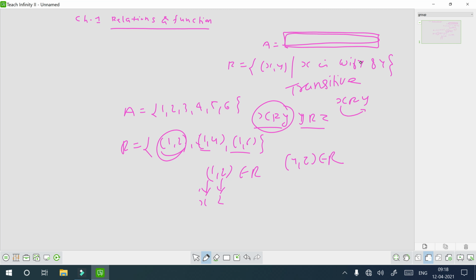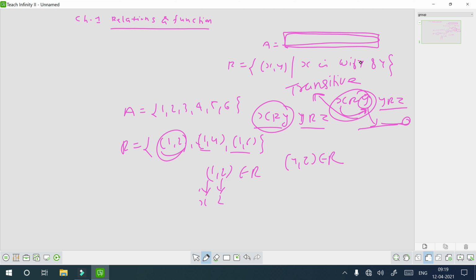X is wife of Y. There is no other relation for Y. It means X is wife of Y, then Y is male, and a male cannot be wife of any other person. So that part is not given to us. Only (X, Y) is given to us. So without loss of generality, we have to accept that that relation is a transitive relation.